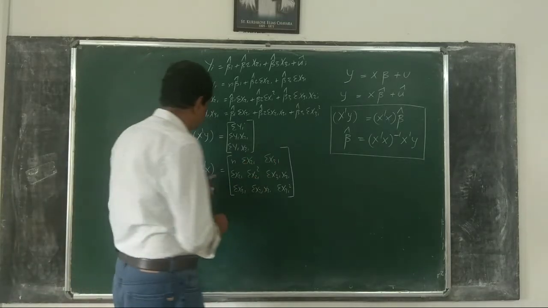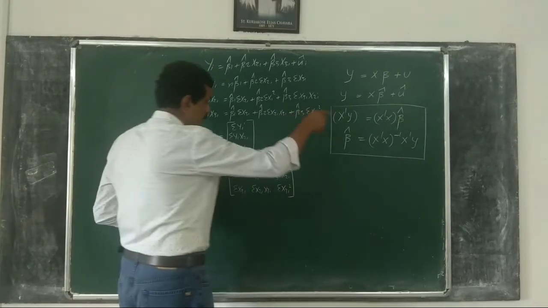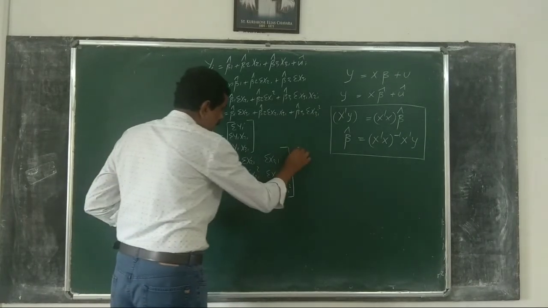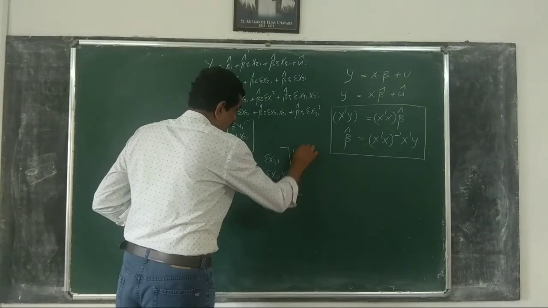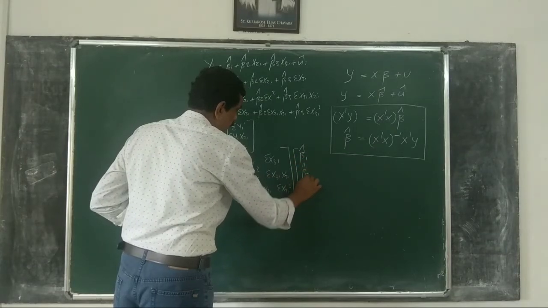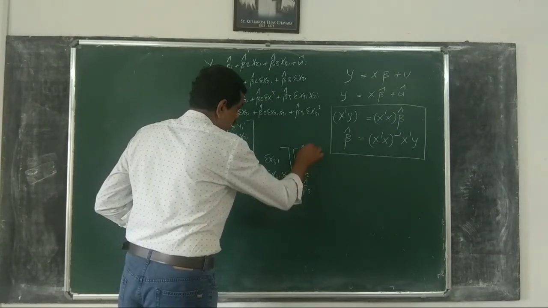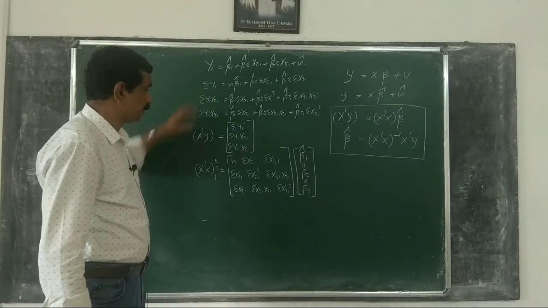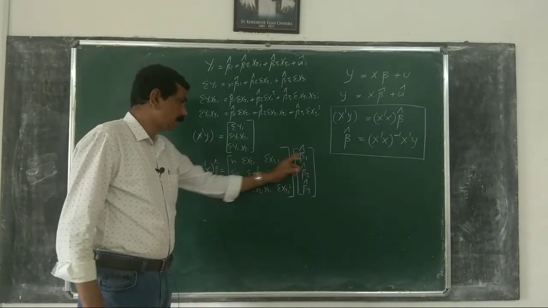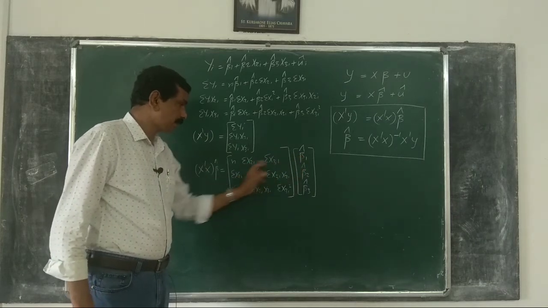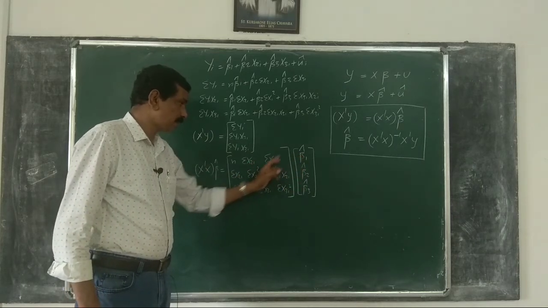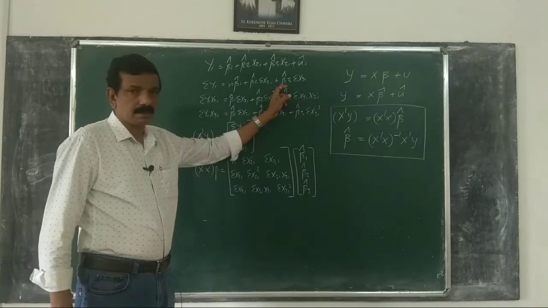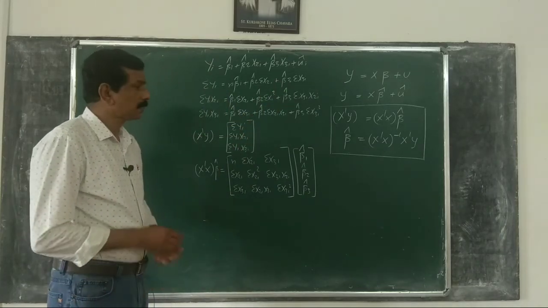And if you multiply this with the beta hat, beta 1 hat, beta 2 hat, beta 3 hat, you will get these normal equations, because n into beta 1 hat plus beta 2 hat sigma X2i plus beta 3 hat sigma X3i is equal to sigma Yi, the first normal equation.